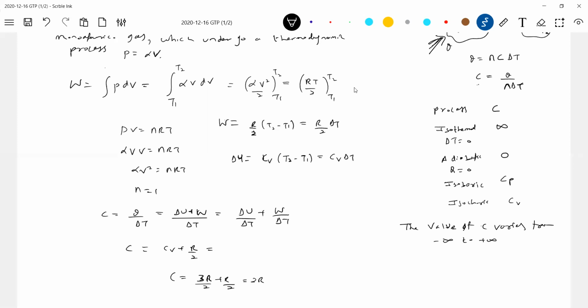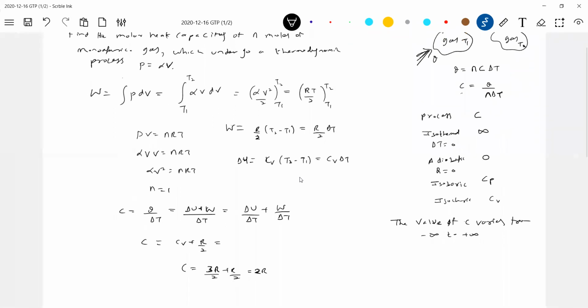So the molar heat capacity for a process P equal to alpha V, where pressure varies linearly, is given by this particular formula. Is it an isothermal process? No, some process. Let's not bother. This is the molar capacity. I think it's a very generalized thing, and you need not bother with anything very big here.